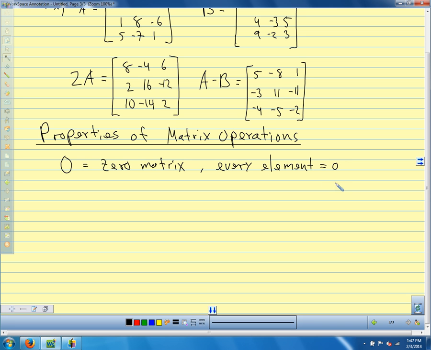It's important to remember that the 0 matrix doesn't equal the number 0. The 0 matrix is a matrix with zeros in each place. So a 3 by 3 zero matrix would be a 3 by 3 matrix with all zeros in it.